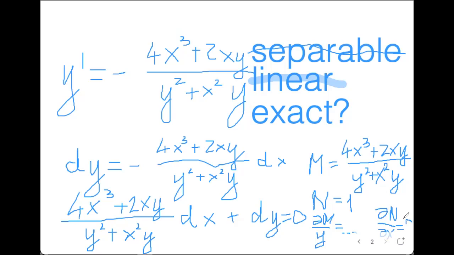So one of them is constantly 0. The other one is a function which is definitely not constantly 0, and they are not equal to each other. So as written, this equation is not exact.